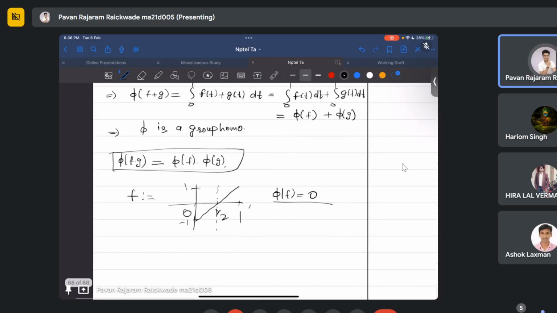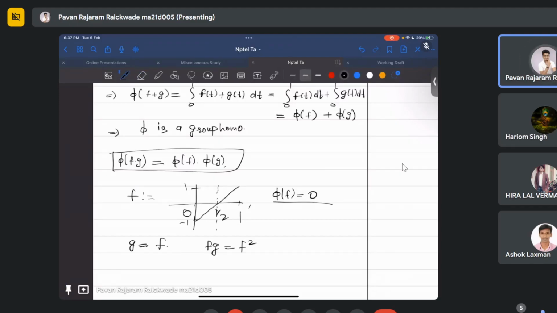Now what if I take g the same as f only? And what is g squared? So fg is simply f squared.